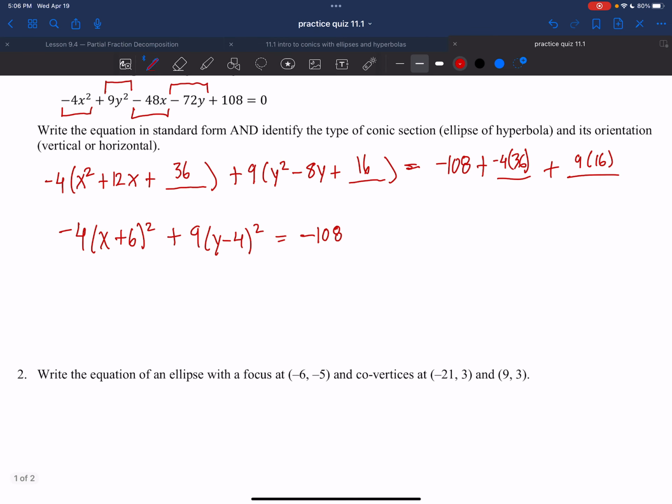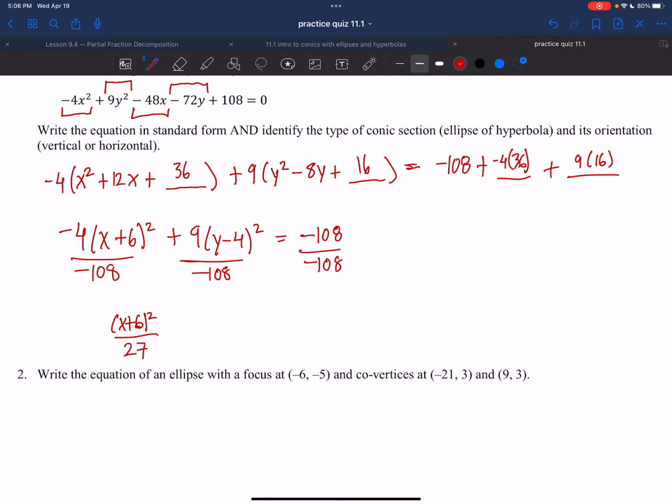Okay, no problem. And so I'll now divide by negative 108, like so. And let's see what happens. So what's 108 divided by 4? It's 27. So this will be x plus 6 squared over 27.